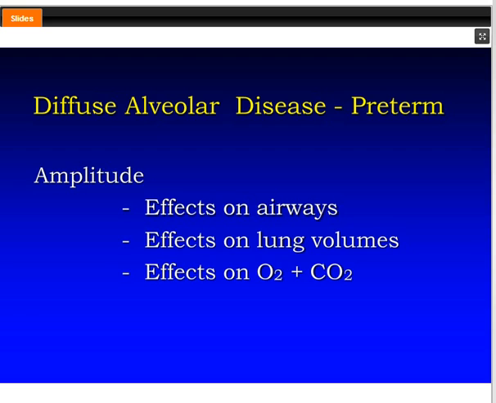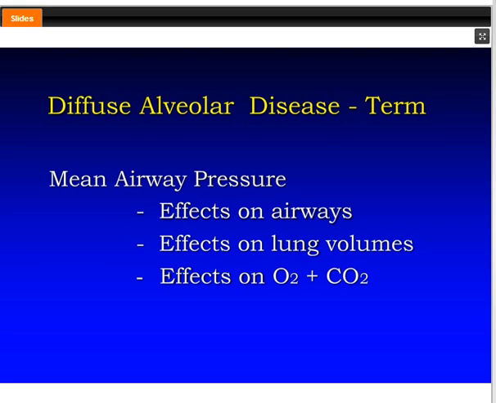So from a term standpoint, it's almost always mean airway pressure, meaning that someone has not provided an adequate mean pressure for this patient. And you can either have an inadequate mean or you can have too much mean.